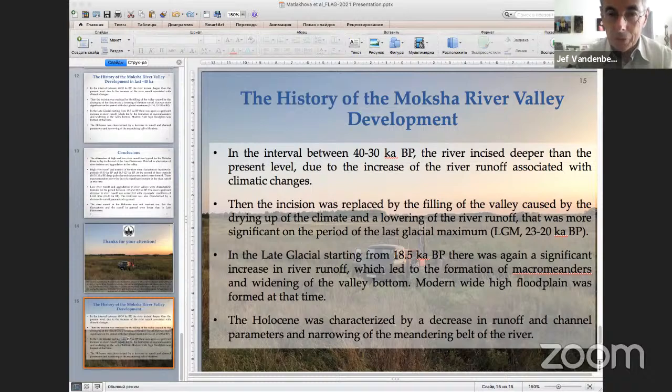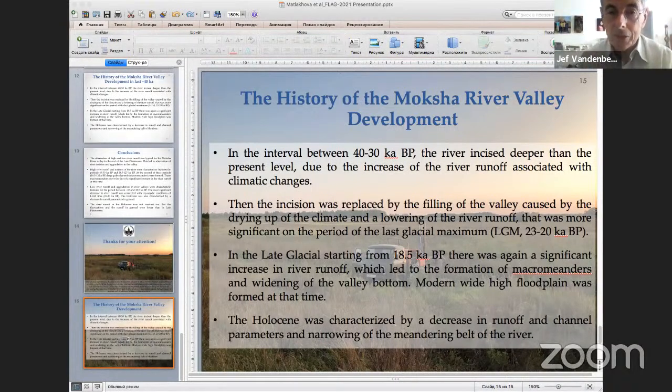Has been shown especially in Russia by Andrei and by other people from Moscow, and also now it appears in Poland. But I draw your attention that it was also found in France by Bertrand, and by our research in the Tisa Valley, the tributary of the Danube in Serbia and in Hungary.